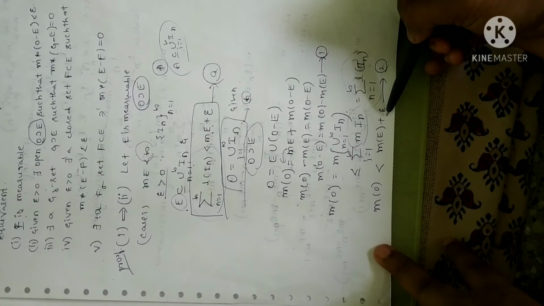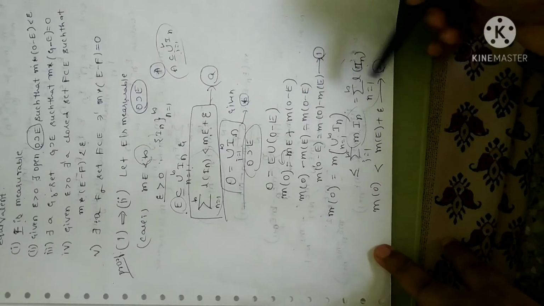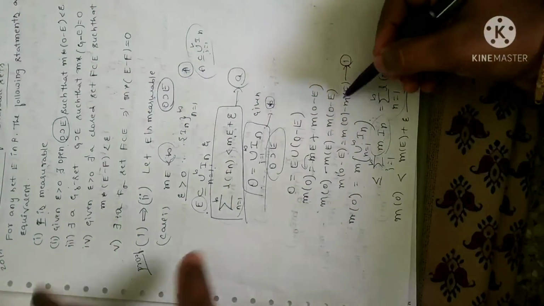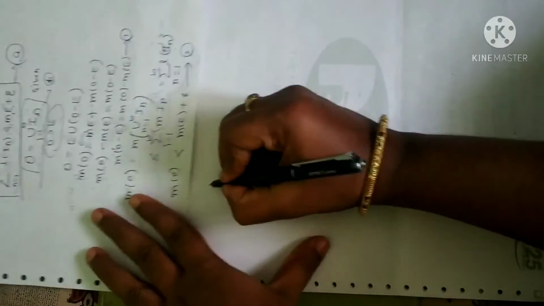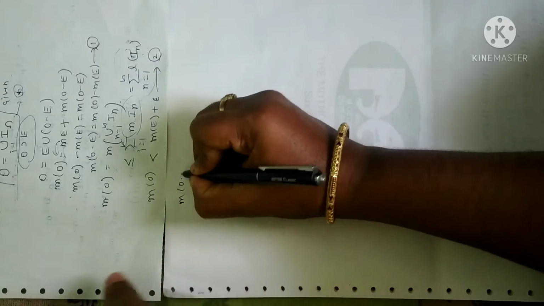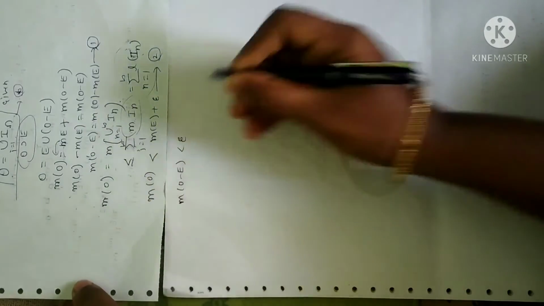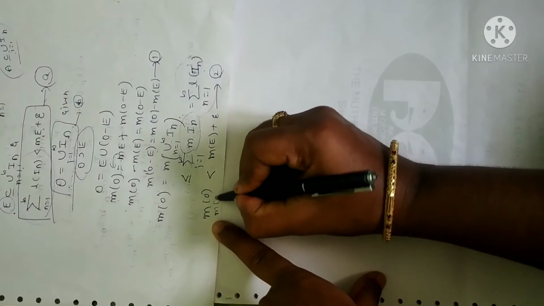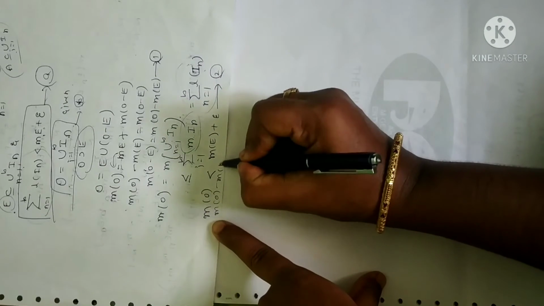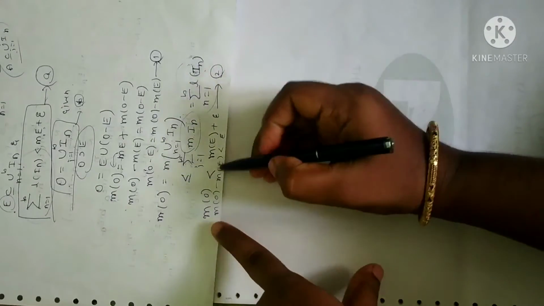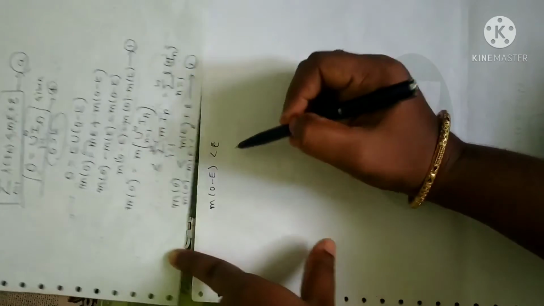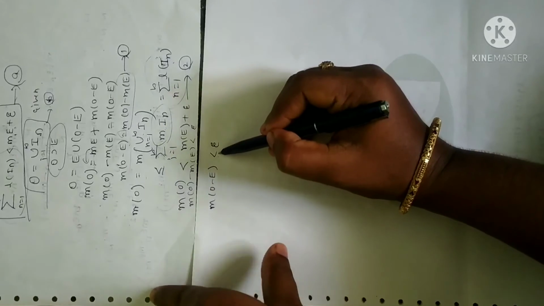Now we can compare equations 1 and 2. What we can write is measure of O minus E is less than epsilon. Why? Because equation 2 can be arranged as measure of O minus measure of E is less than infinity. Now this value is less than infinity, meaning measure of O minus E is less than infinity. So that is how I have written this.